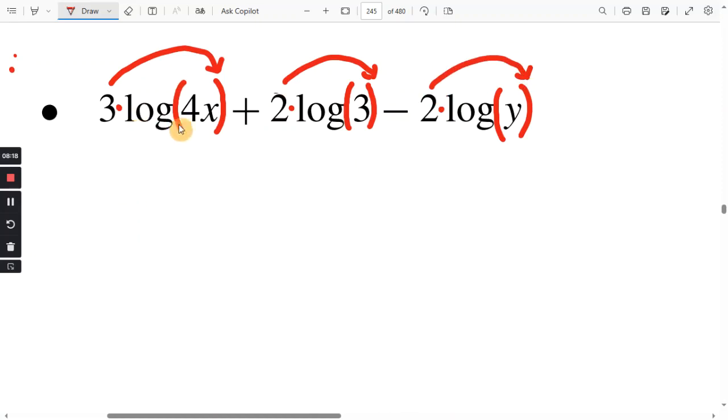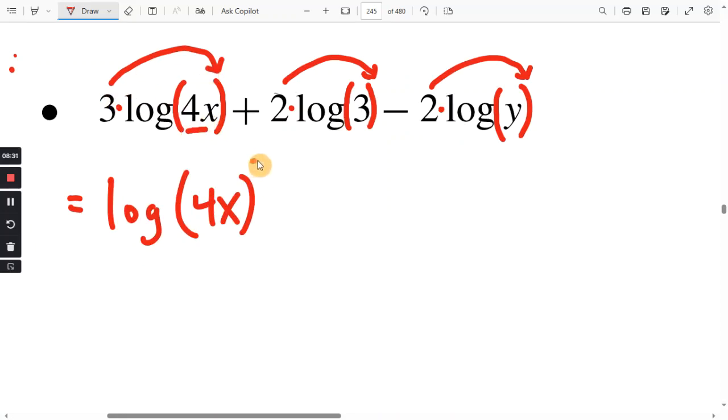So, this is going to be log of 4x, and the exponent on that entire argument is going to be a 3. Now notice the exponent is not just applied to the x, it's applied to the whole thing, the 4x. Plus sign.